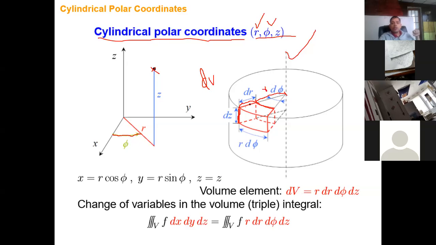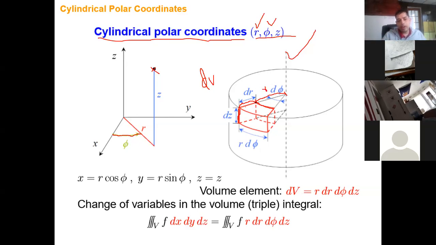Then if it is very small, the volume of this small element is x times y times z in our system. I'll take it back: I don't say x, y, z, but I will say length, width, and height.